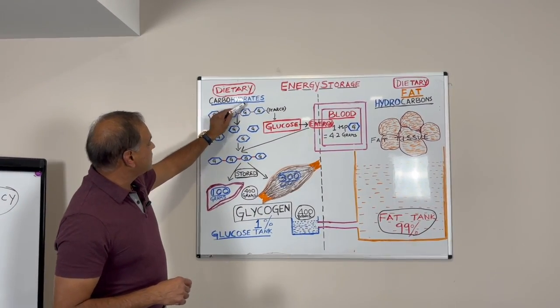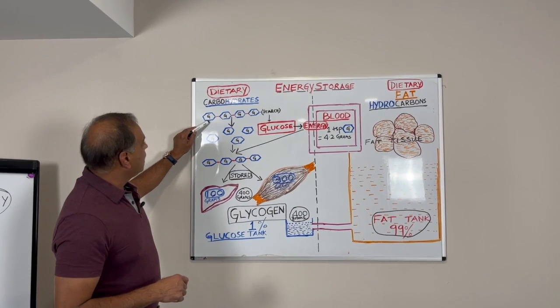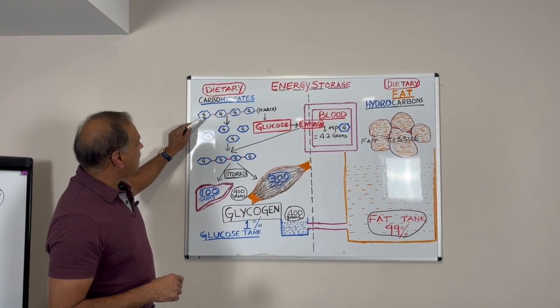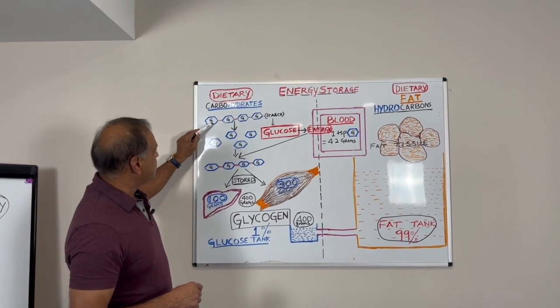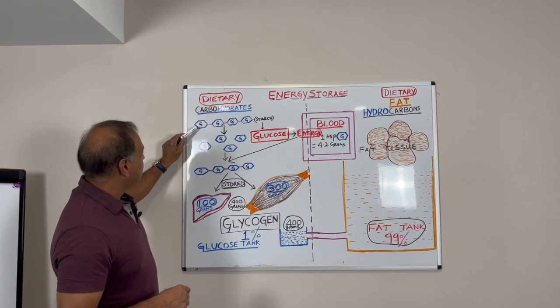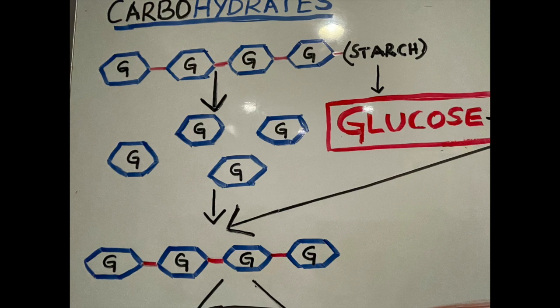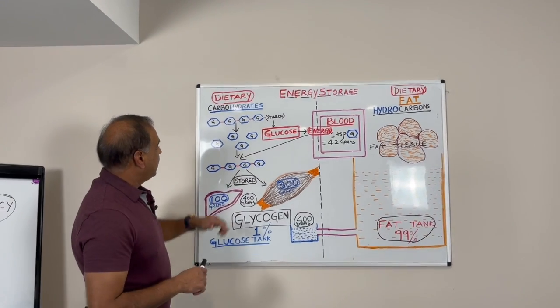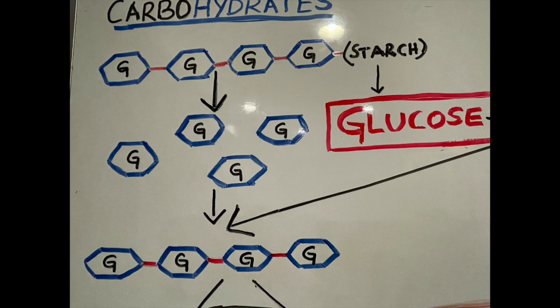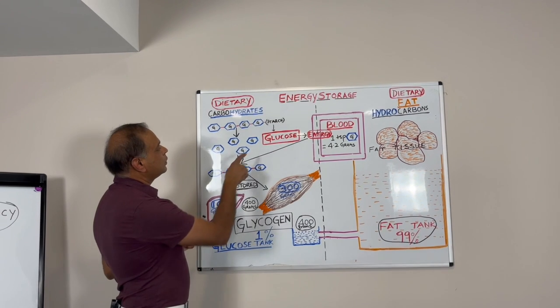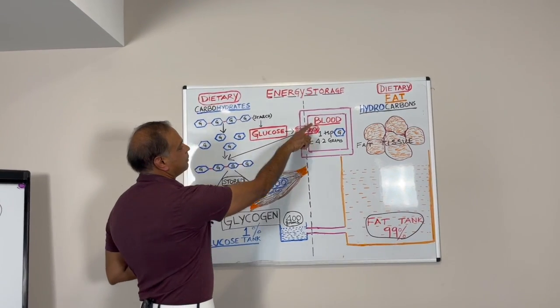Let's look at starch as one example. They are basically chains of glucose molecules attached, multiple chains, and that is digested and absorbed, and the absorbed glucose then goes into the bloodstream.